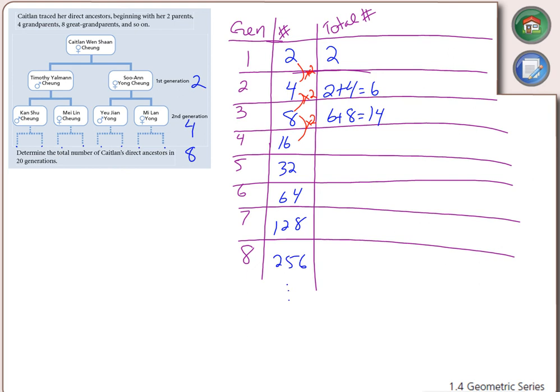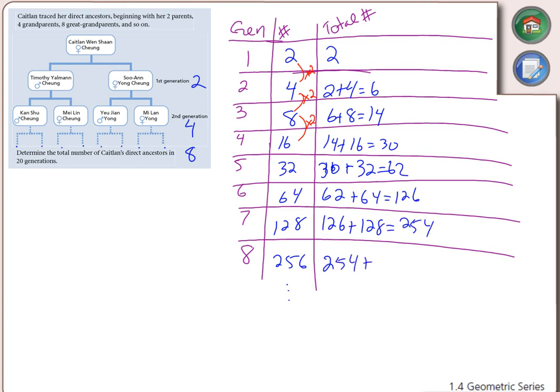And then we're just going to keep adding. 14 plus the 16 gives us the 30. 30 plus the 32 is going to give us 62. 62 plus 64 is going to give us 126. 126 plus 128 is going to give us 254. 254 plus 256 equals 510. Hopefully you can start looking at those numbers. Those numbers are all quite related.